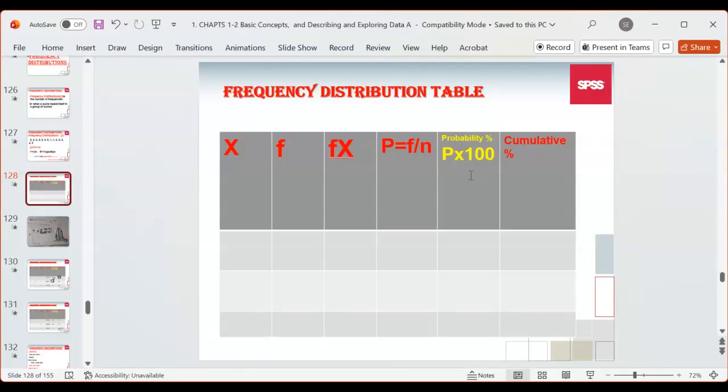On the same token, for proportion, it's from 0 to 1. So the highest you can get is 1. For example, if you say 50%, that's probability, percentage.